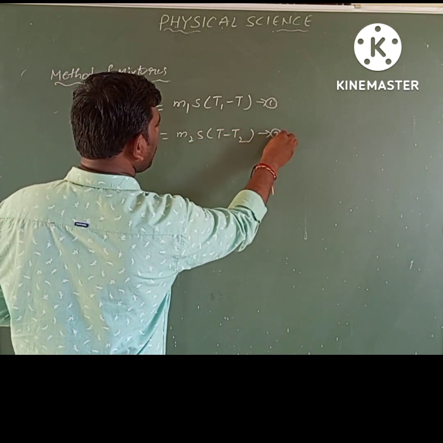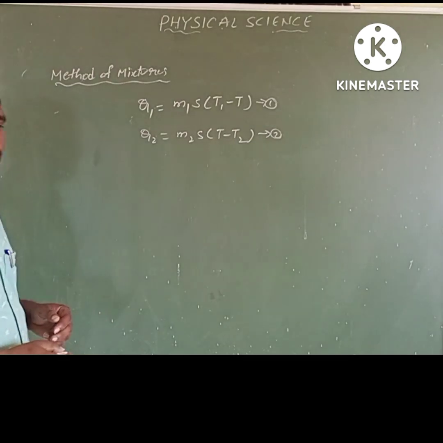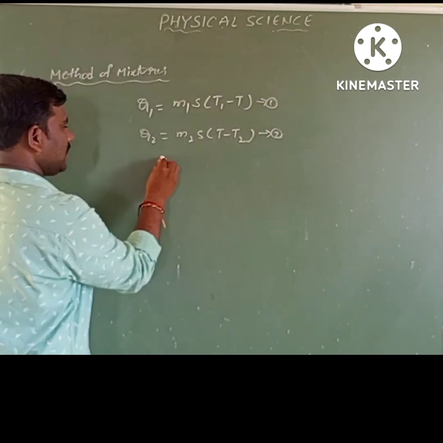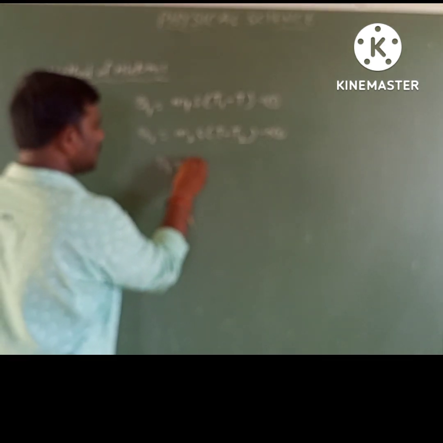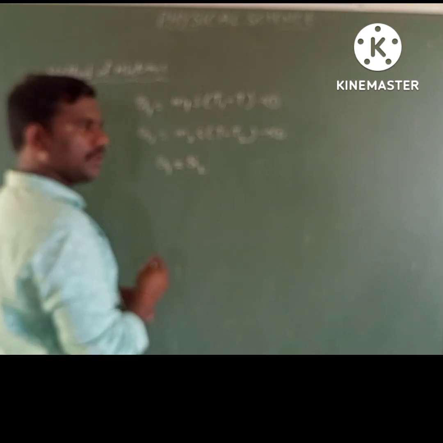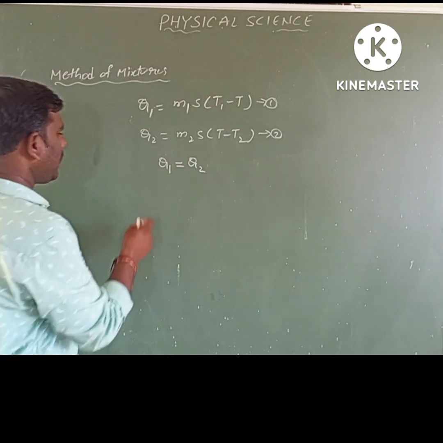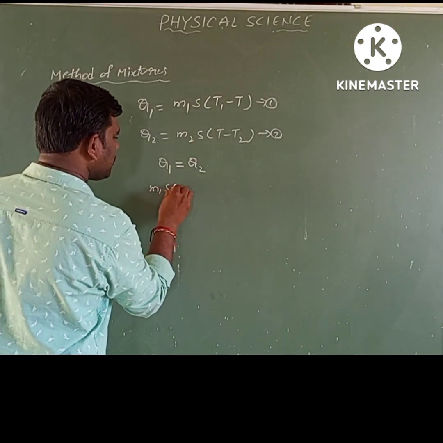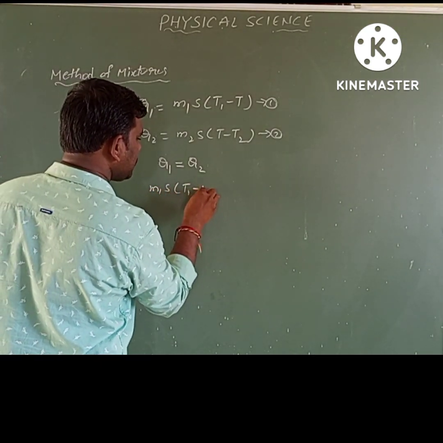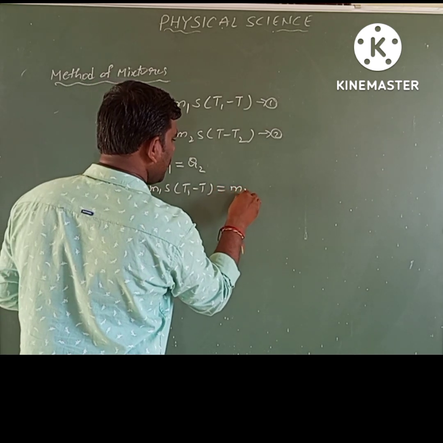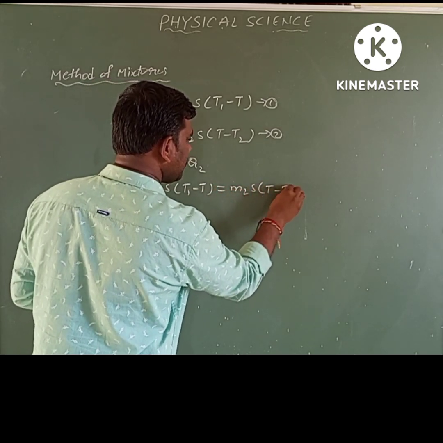So then we can write, here the principle is the amount of heat energy Q1 is equal to Q2 without any loss of energy. So then we can write M1 S of T1 minus T is equal to M2 S of T minus T2.